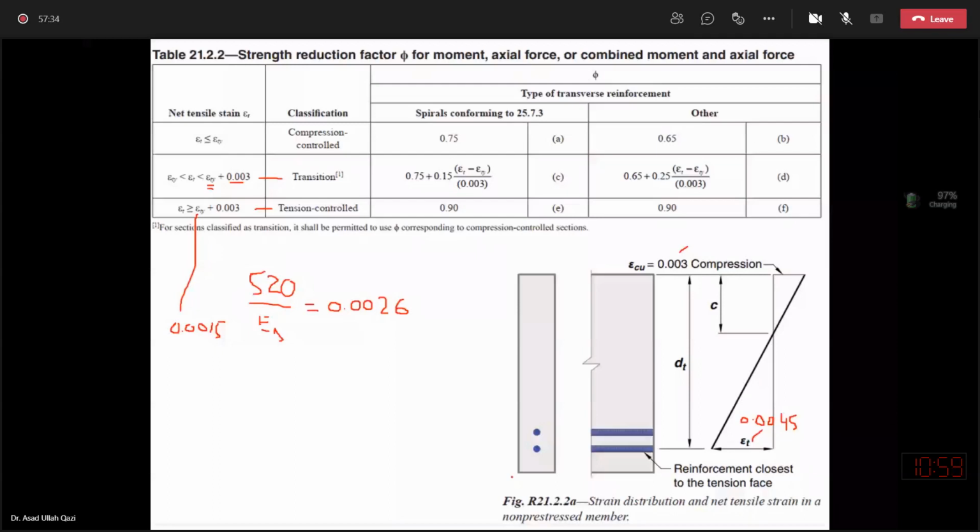So 0.002 plus 0.003 was quite safe to fix the strain value to 0.005.